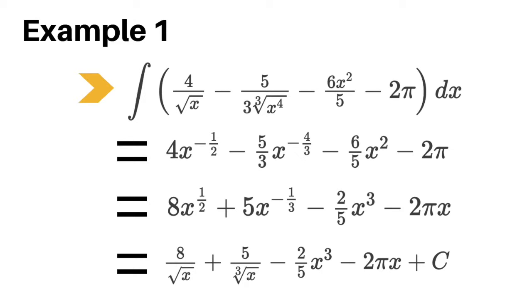In order to get the antiderivative of the problem in example number 1, we first need to get rid of those roots that are in the denominator of the first two fractions. So in the second line, we see how the denominator that was the square root of x translated into a negative exponent of x, which is 1/2.